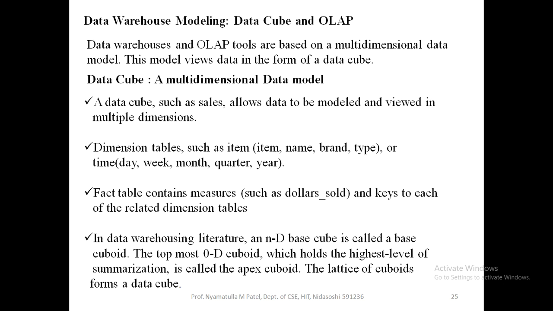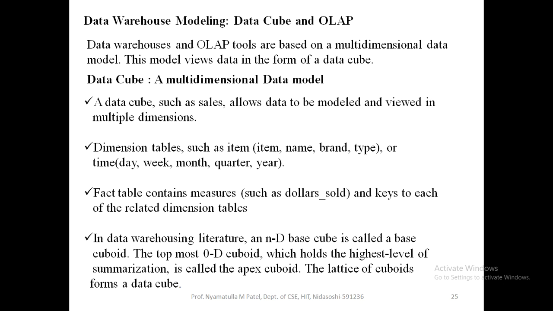A dimension table may contain complete information related to a particular item, or particular information related to the time, such as which day, which week of the month, which quarter and which year. The fact table contains measures such as dollars sold and keys to each of the related dimensions.